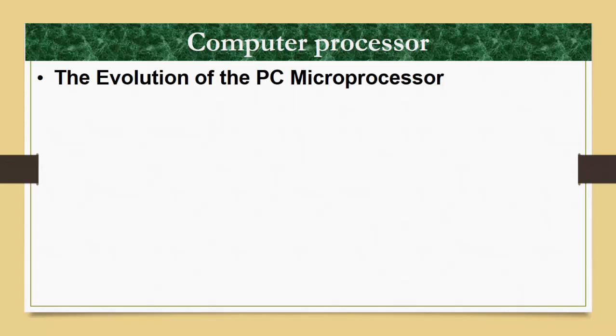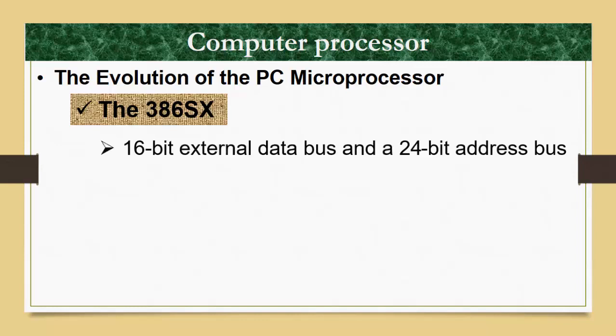The next one, students, is the 386SX. Intel also released a lower cost version of the 386 processor called the 386SX. The primary difference between the 386SX and the 386DX was that the SX model had only a 16-bit external data bus and a 24-bit address bus, which made it backward compatible to the 286 processor.